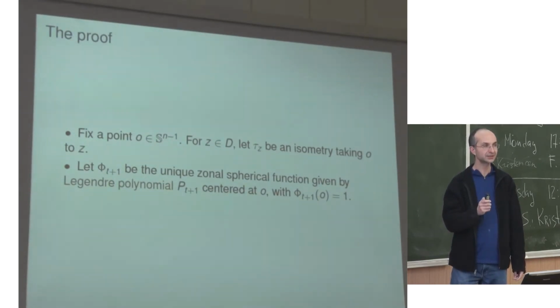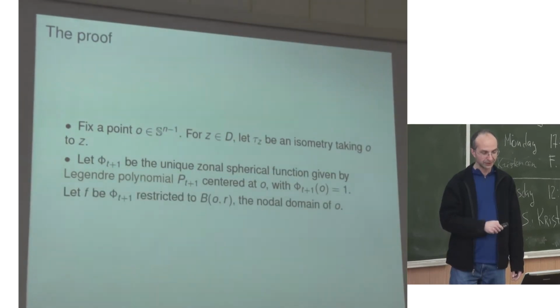It's invariant under the group of rotations fixing O, right? It's symmetric around O. And the additional constraint is that at the point O, its value is 1. We need to fix the value at O. So there is a unique function, and it's parameterized by the Legendre polynomial.